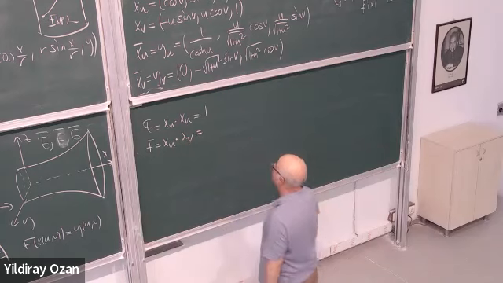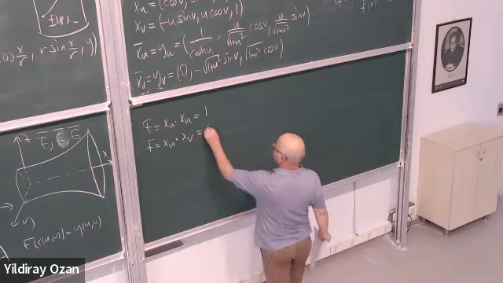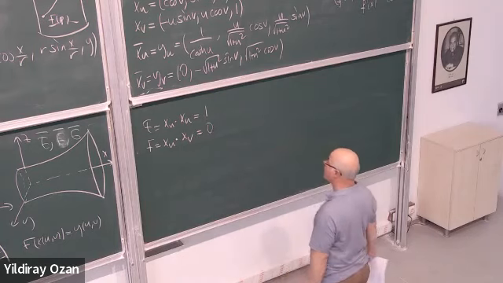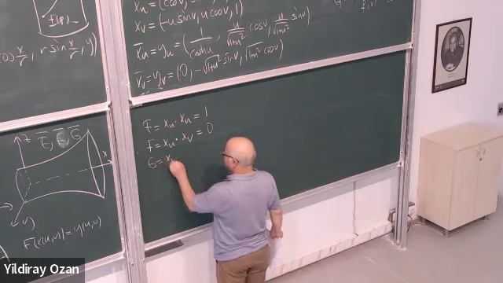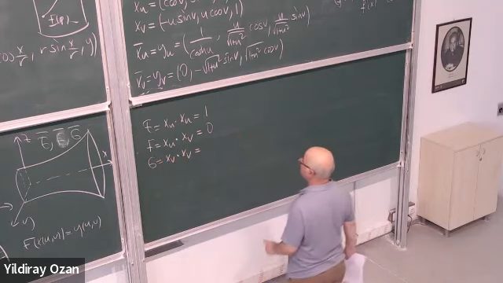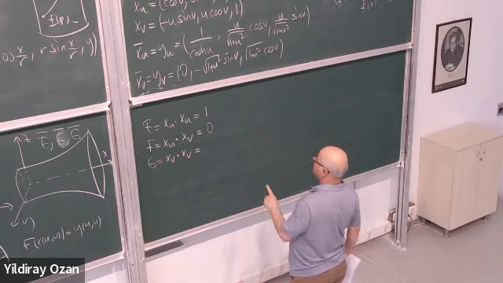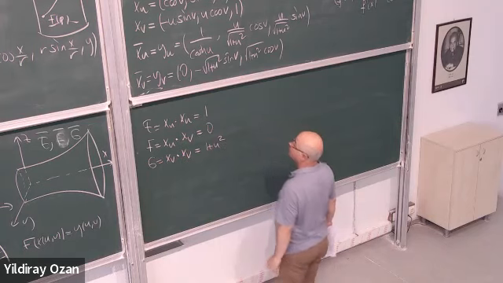So it is, I guess, 0, right? And G is X sub v times X sub v. It is u squared plus 1. So 1 plus u squared. All right.